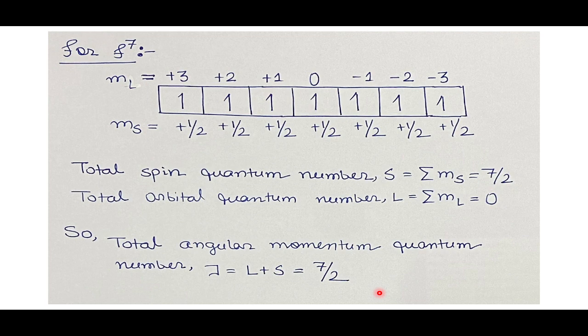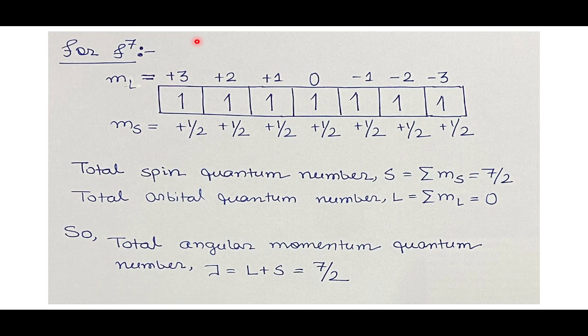So let us see how the electronic arrangement is there. For F, the L value is 3, right? For S, L equals 0, P equals 1, D is 2 and F is 3. That you know, right? Is it clear? Yes, sir.